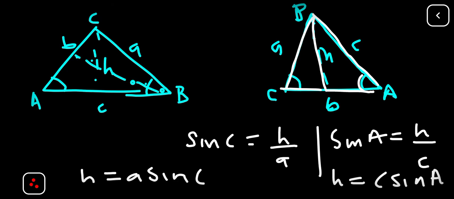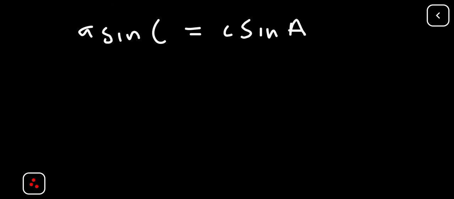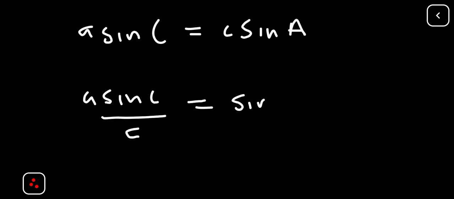Okay, now you see that this H is this, H is also this. If you equate them, you have something like this. H, which is A sine C, is equal to H, which is also C sine A. If you divide both sides by C and A, you have that. If you divide by C first, you have A sine C over C equals sine A, right?